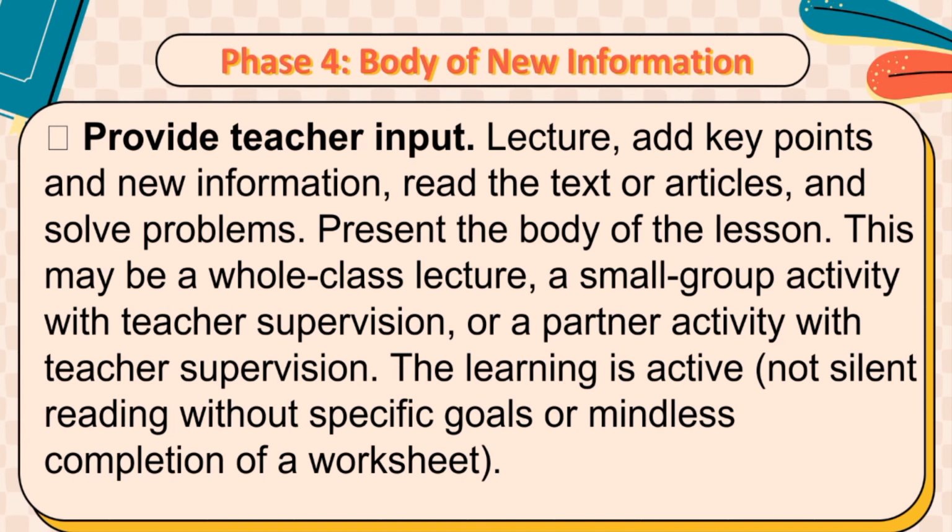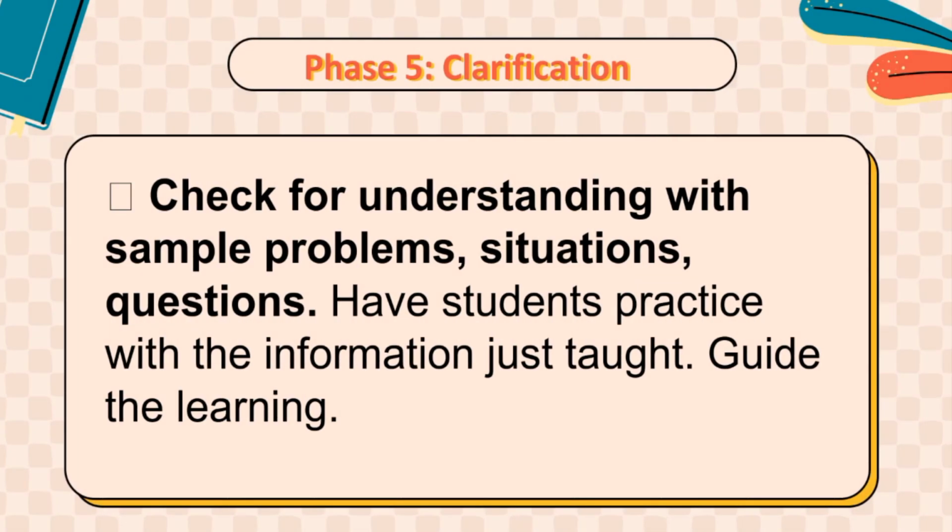Okay, the next phase now is phase 5, which is on clarification. For this phase, you should check for understanding with sample problems, situations, or questions. This is the part where you would ask, is there any question, or what are the things that need to be clarified, and so on.